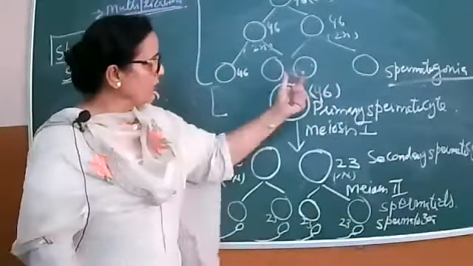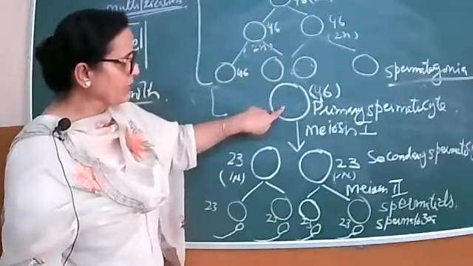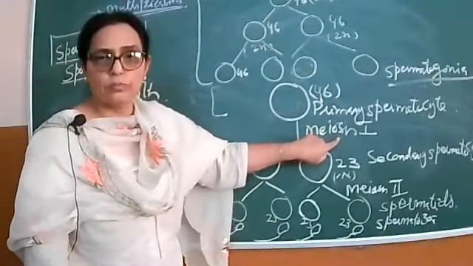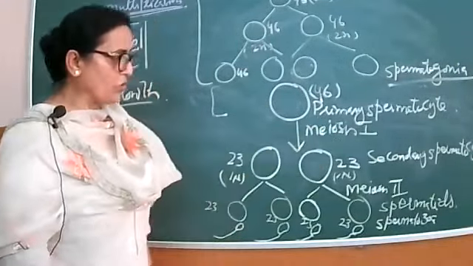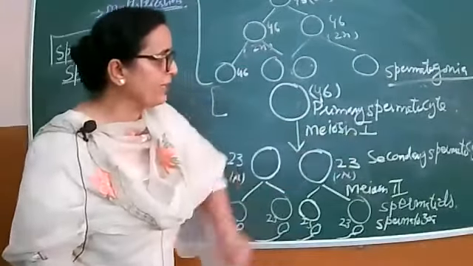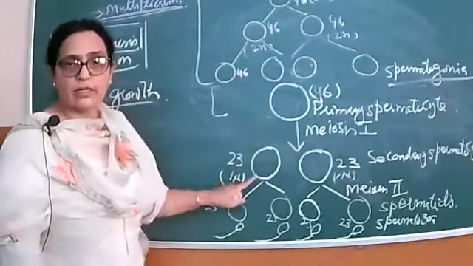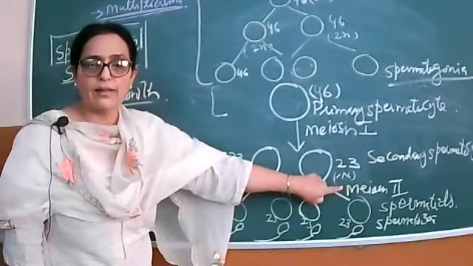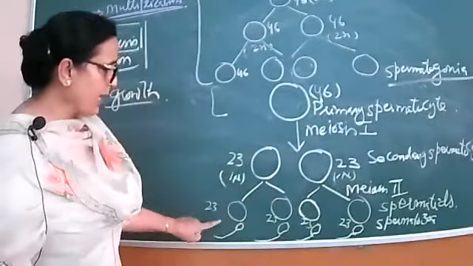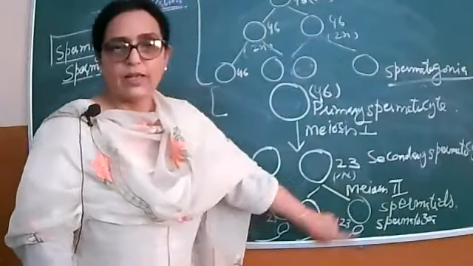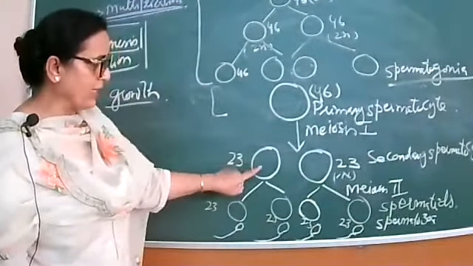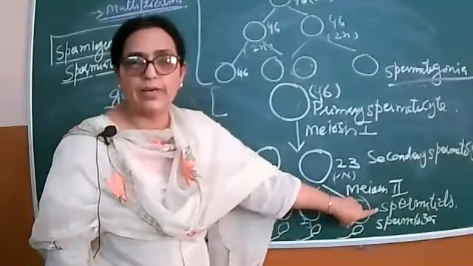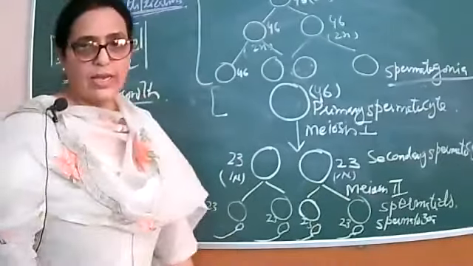Then a few spermatogonia become big in size, that is the primary spermatocyte. The primary spermatocyte undergoes meiosis, forming 2 cells, the secondary spermatocytes, with reduction in the number of chromosomes. Then the second division takes place, forming 4 cells with the same number of chromosomes as the secondary spermatocytes, and these are known as spermatids, right?